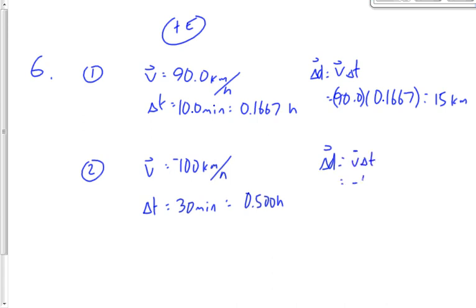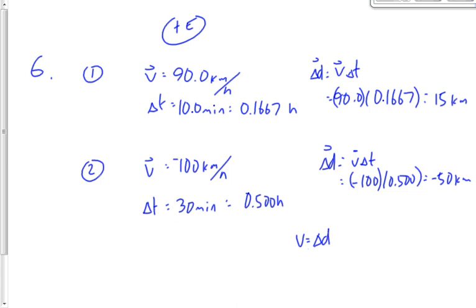It's negative 100 times 0.500, which gives us negative 50 kilometers. Now, right now, we're just at the point where we are when we start most questions. We've got the displacement in each stage, right? But we have to go that 1 step further and find the overall average velocity.